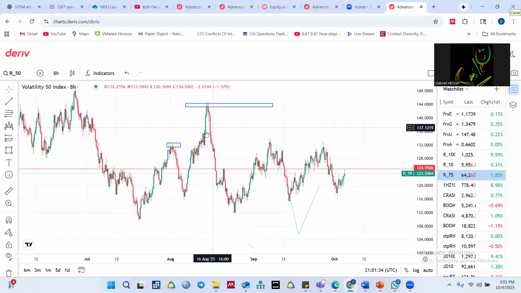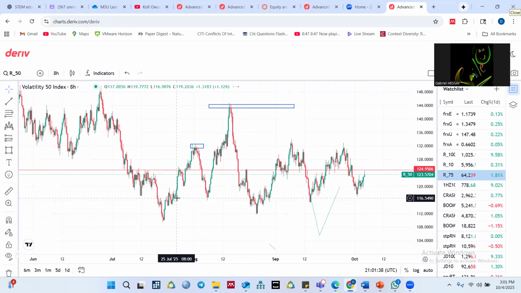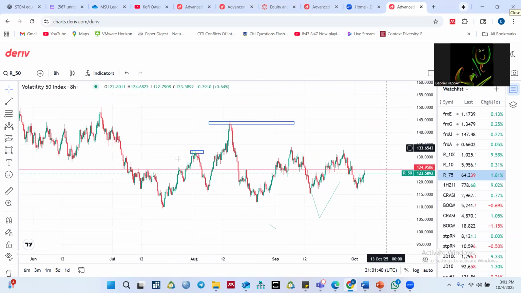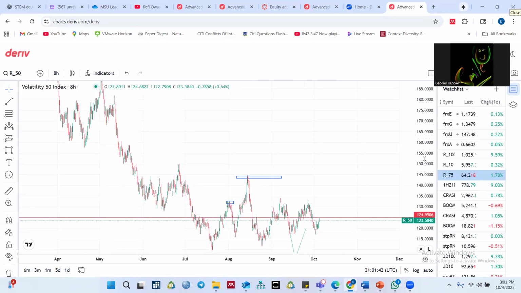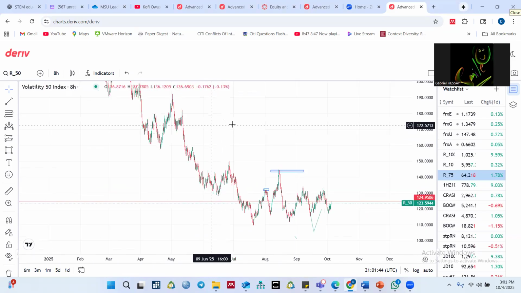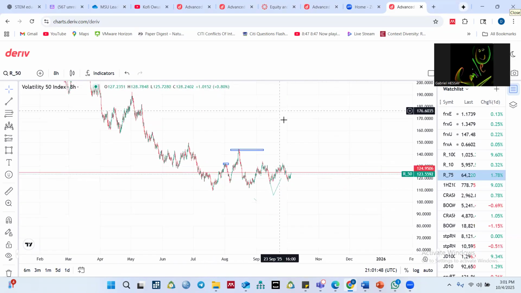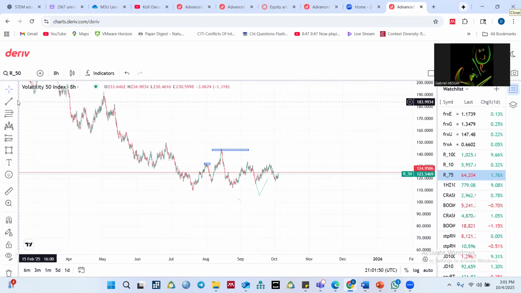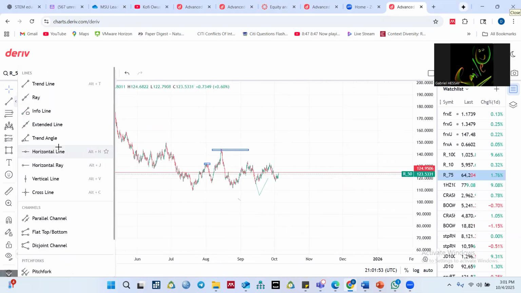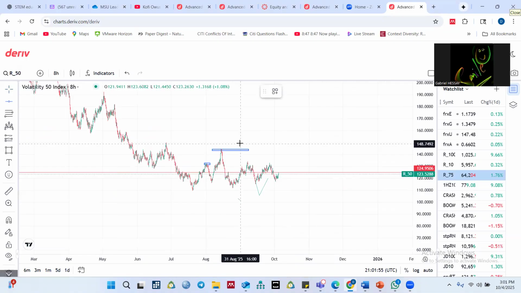Okay, in a normal bullish market, let's say this pair is bearish. Okay, let's say we are in a bearish market. So what is the last high that broke structure?